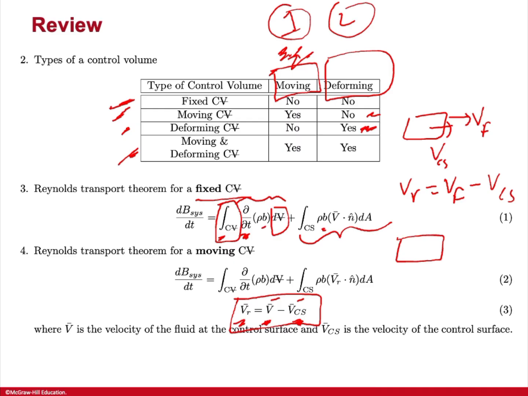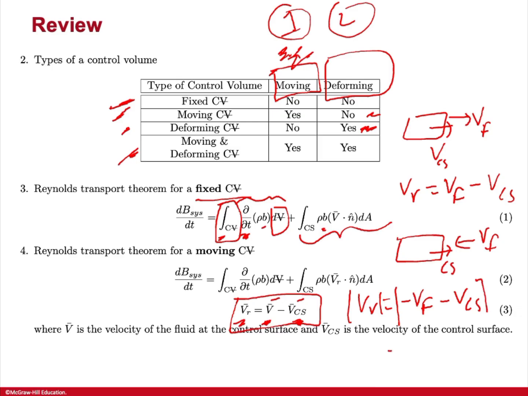Now, if your control surface is moving in this direction, but your fluid is moving in the opposite direction, your relative velocity, or let's say even the magnitude of relative velocity, will be essentially your fluid velocity, which is minus Vf, because it's a vectorial notation, and then minus Vcs.